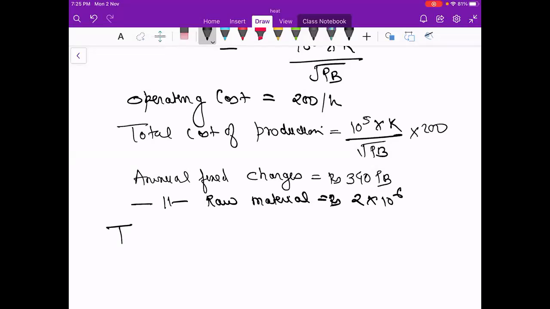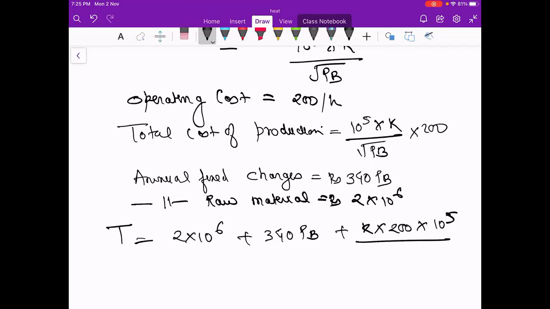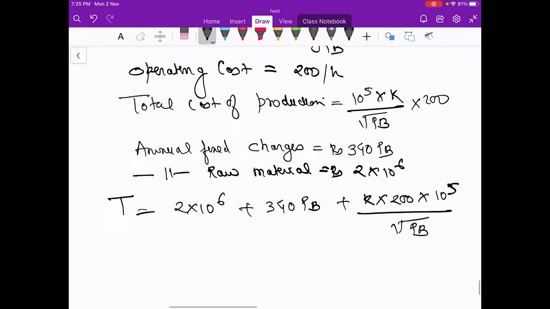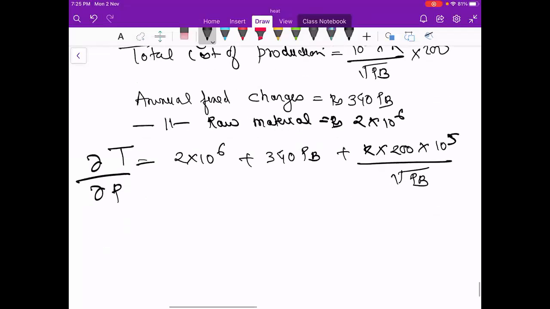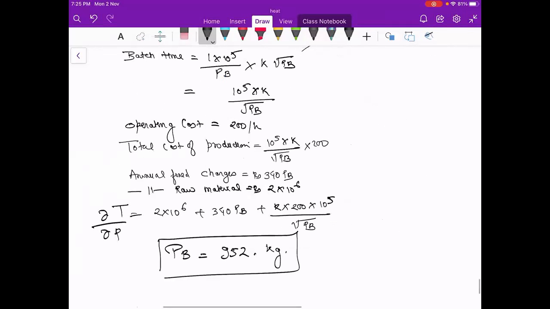You can put the value of T equals 2 into 10 to the power 6 plus 340 into PB plus K into 200 into 10 to the power 5 upon under root of PB. What exactly we want to calculate? PB. So just differentiate this, del T by del PB. After differentiating, you will be getting PB equals 952 kg, which is the answer so many students are writing. Now you can see the solution.